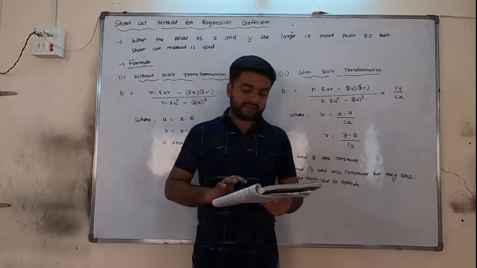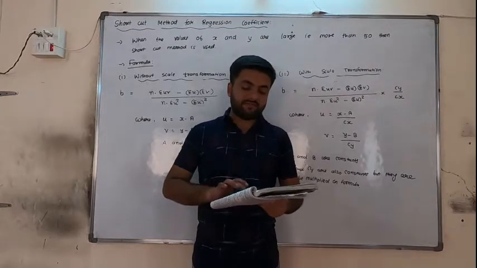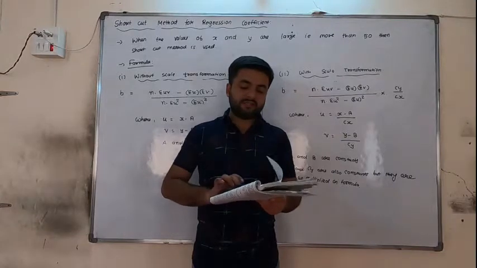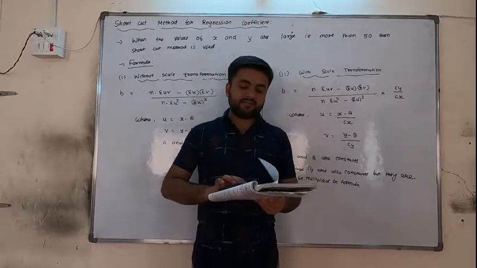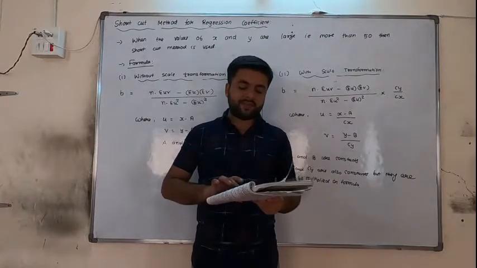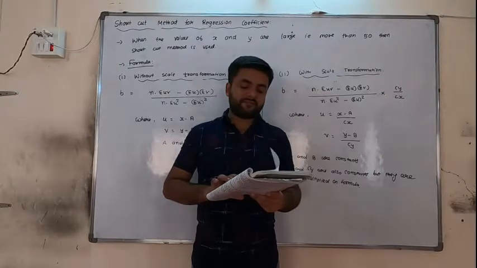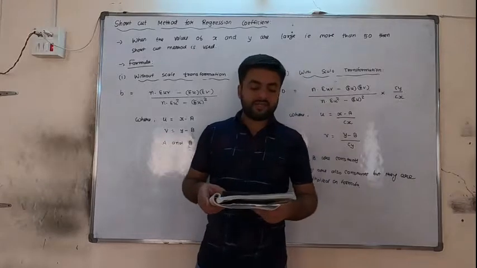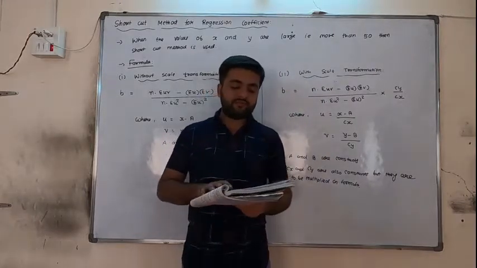Next, second question. 167, 169, 171, 168, 173, 166, 167, 165 divided by 8. So write x bar 168.25.